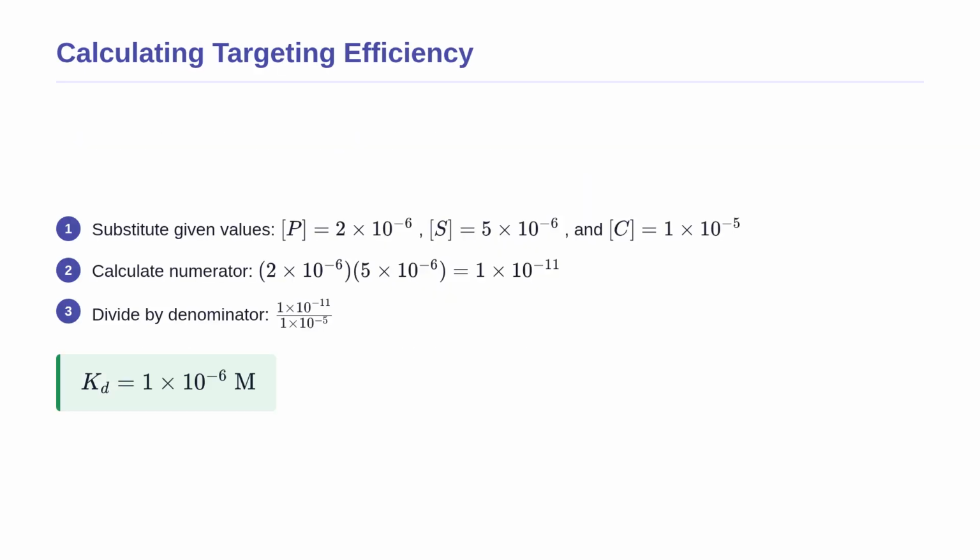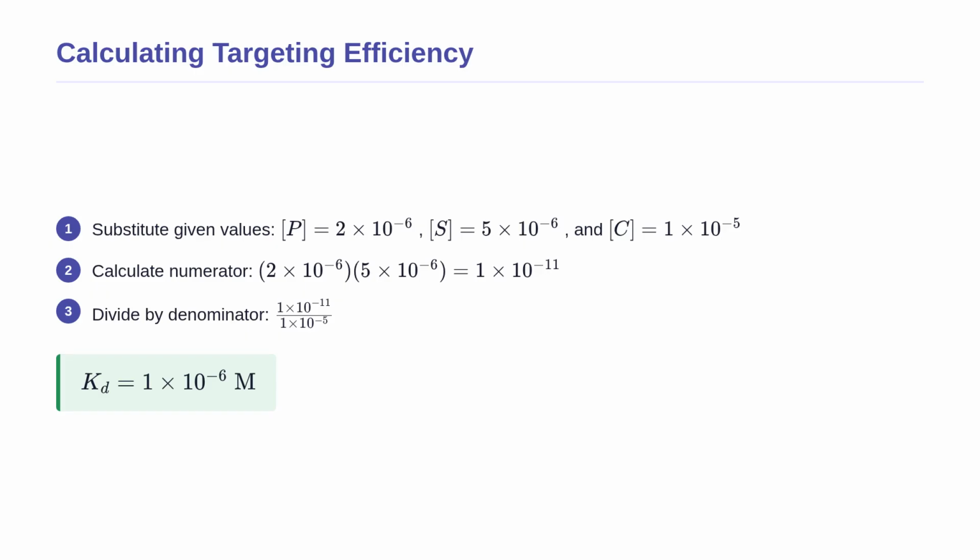Before we move on, let us see this with a concrete example. We are given the concentrations of the free protein and the free particle, both in the numerator, and the bound complex in the denominator. We want to find the dissociation constant to see how efficient the cell is.